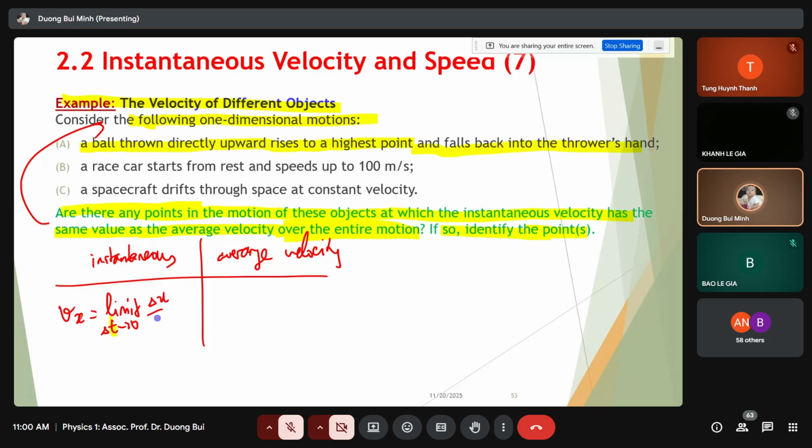That is delta x over delta t, equal to the first derivative of x with respect to time, and the average velocity Vx average is delta x over delta t. So they are the same. That means the instantaneous velocity has the same value as the average velocity.